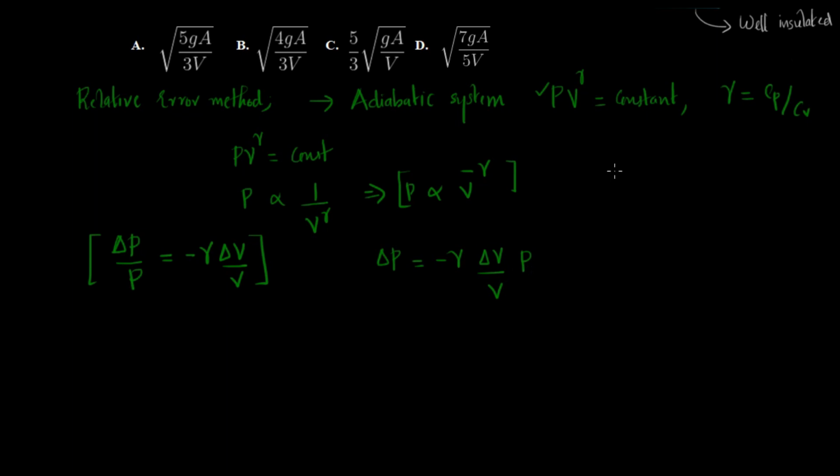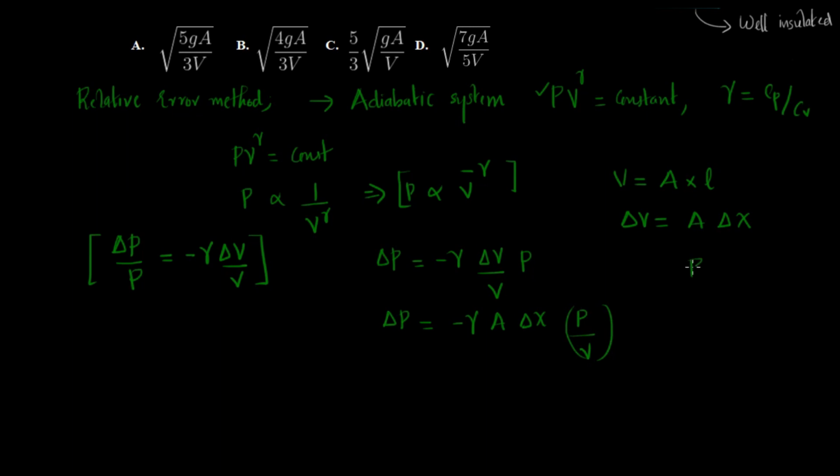So we can write volume as area times the length, or the differential volume can also be written as A into delta X. It's the same thing, right? So I'm going to replace this delta V, that is delta P is equal to minus gamma A times delta X and P by V.